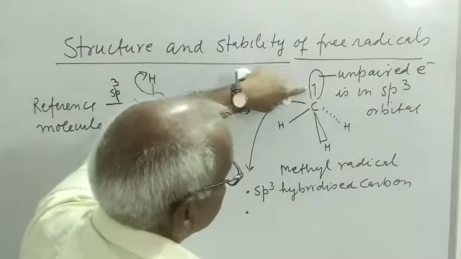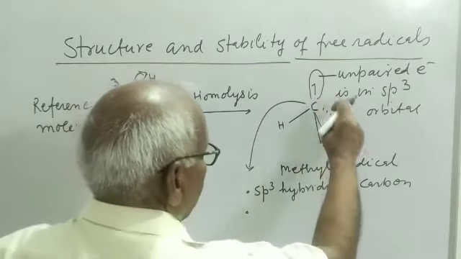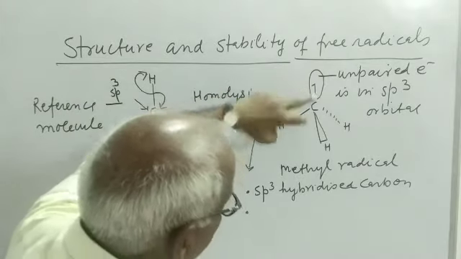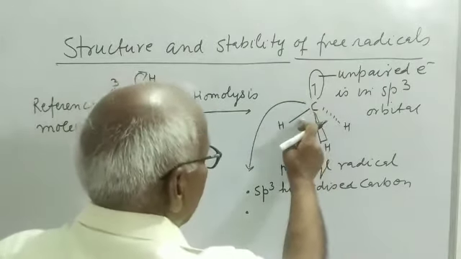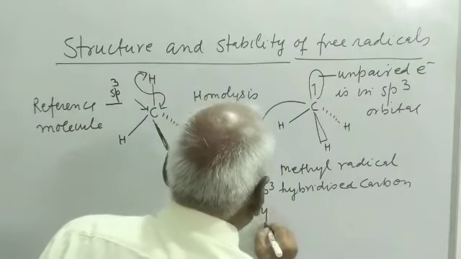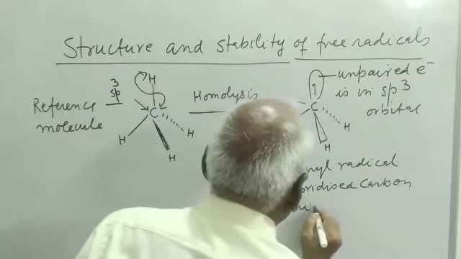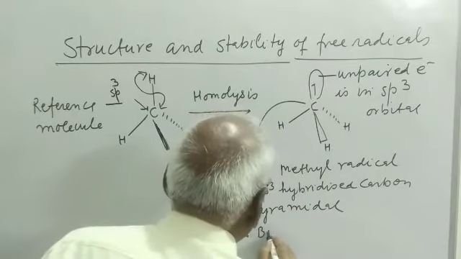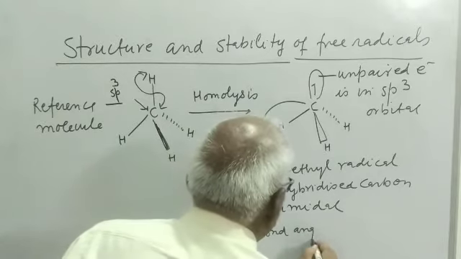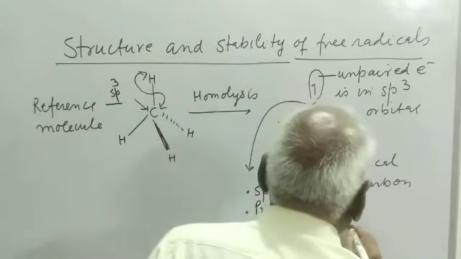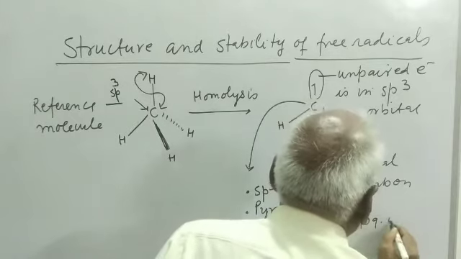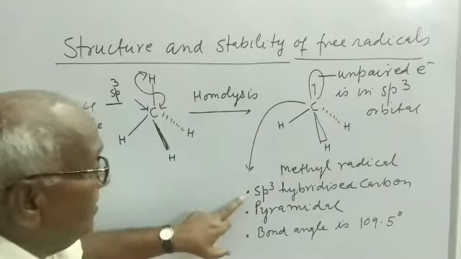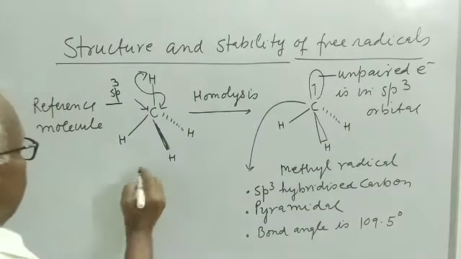Because of this spin, it will press these nearby bonds, so there will be unpaired electron and bond pair repulsion, so the geometry will be pyramidal. Bond angle is reported to be 109 degree 5 minutes. If the bond angle is the same and hybridization is the same, what is the difference?